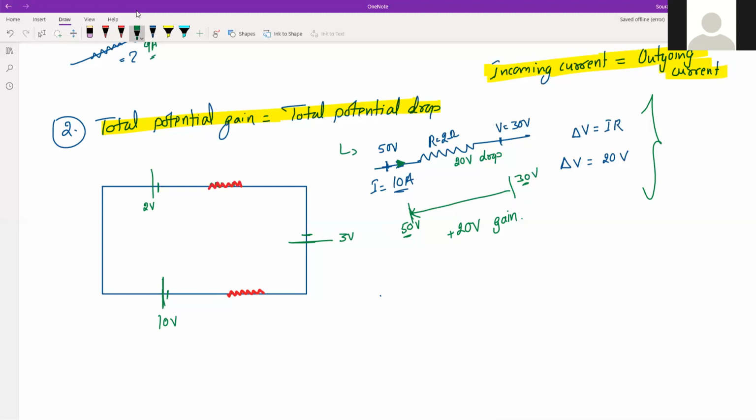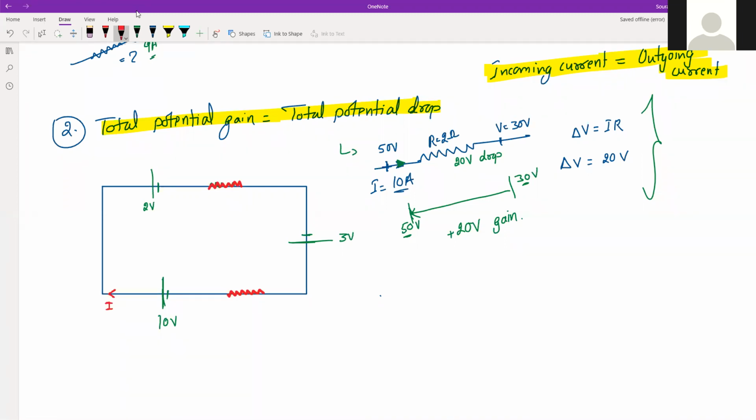So now it's up to us. We can start from anywhere. Suppose we start from here, and this is the direction in which current is moving. That is I. So what did we say? If something starts from here, it will start with 10 volts. And because you are moving in the direction of the current, you keep on moving like that. No issues.